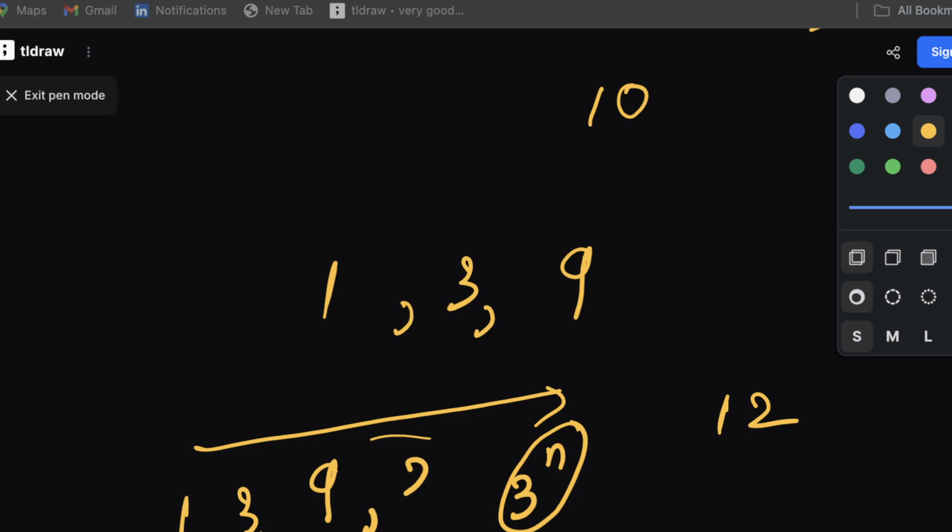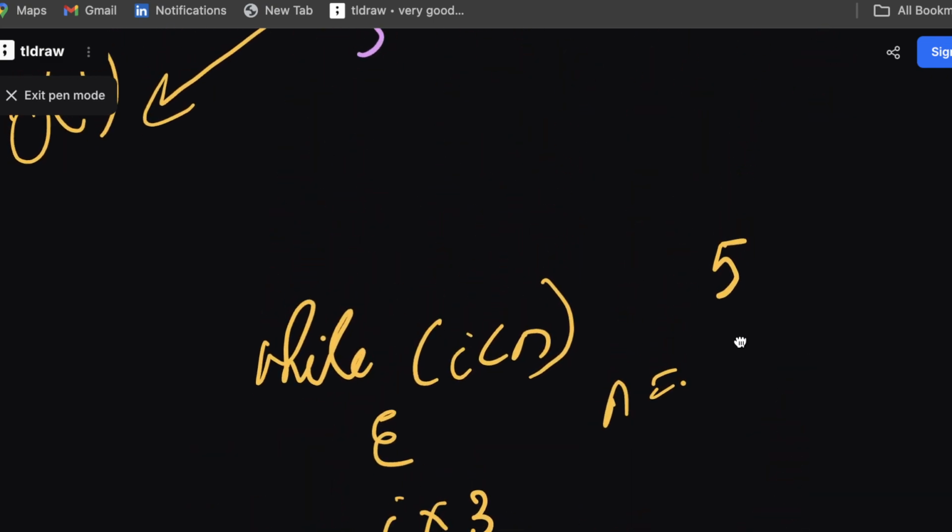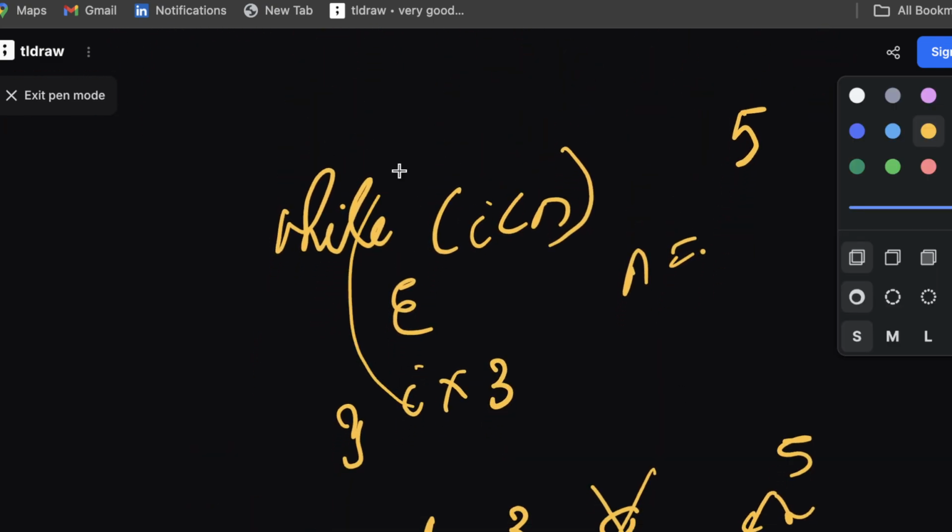Oh, so this condition is what is going to break out the loop, right? Also, in other words, what is happening is this I itself is replacing this.